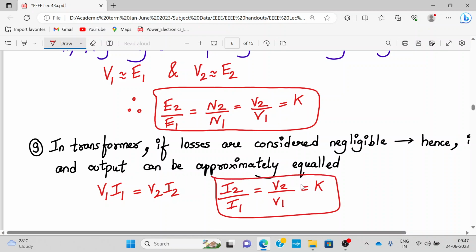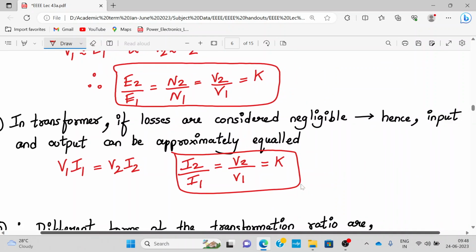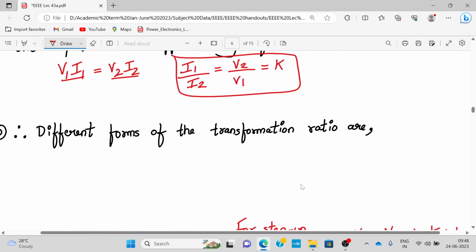Considering the losses negligibly small, the input power and the output power are approximately equal: V1 I1 is equal to V2 I2. Therefore we get this new formula: I1 upon I2 is V2 upon V1, and that is equal to K. These are the different forms of transformer ratio.